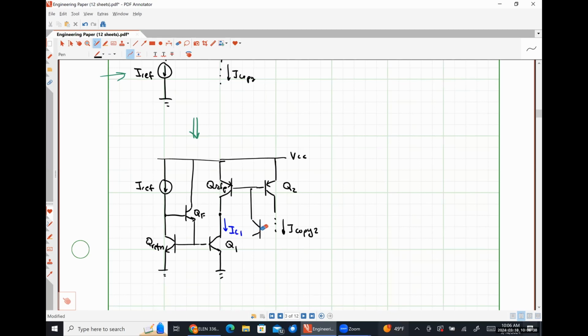Actually, let me sneak it in here. I'm getting mixed up. There's my base. There we go. Something like that.